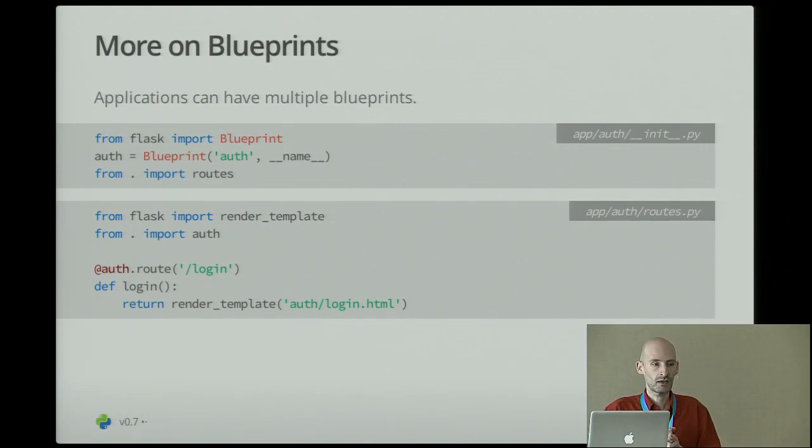I made a sub-package app/auth, and then the constructor of that package creates the blueprint, and for now I have a placeholder route that does nothing. We're going to improve this later.